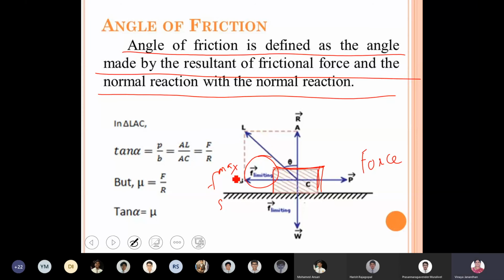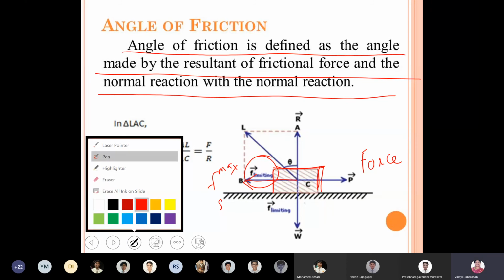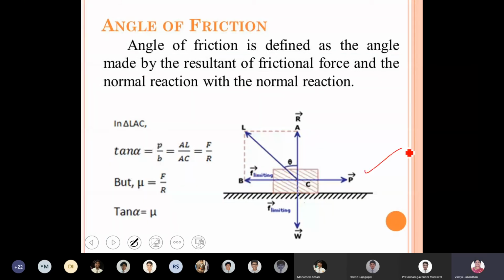Now this frictional force is going to act in the opposite direction. Actually it should be along the tangent, but for mathematical purposes, this is your applied force and this will be the direction of your frictional force. The body is just about to slide.